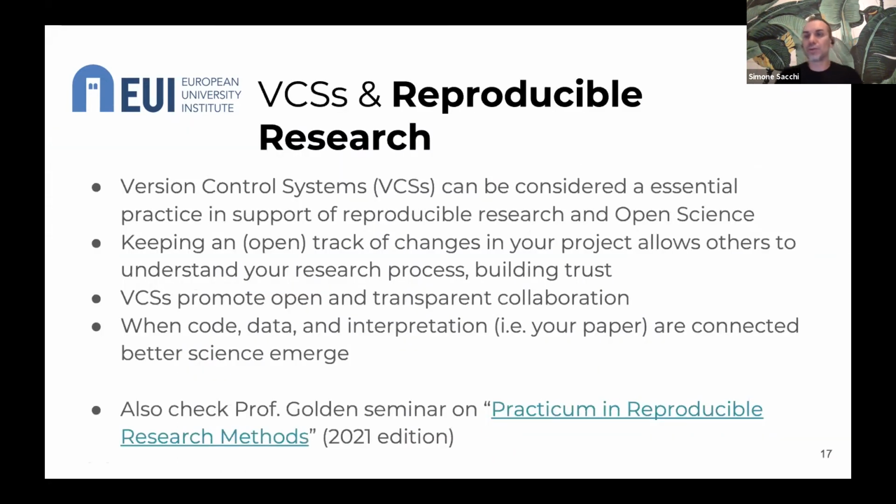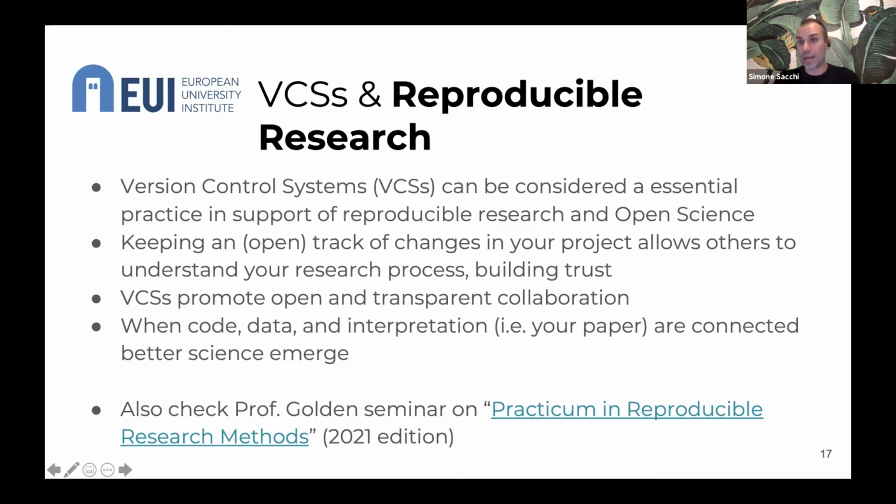Now, when you think about version control systems and reproducible research, this perspective is really considered essential in support of making your research reproducible and supporting open science, for the reason I already said. In particular, if you keep an open repository, well, I didn't mention it, GitHub can have private and open repositories.